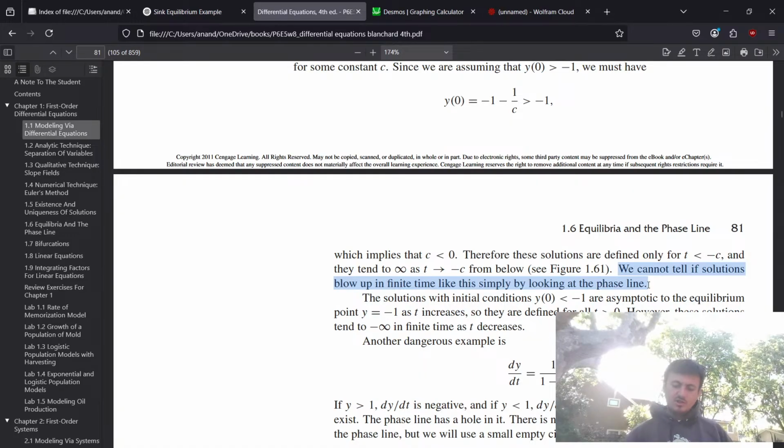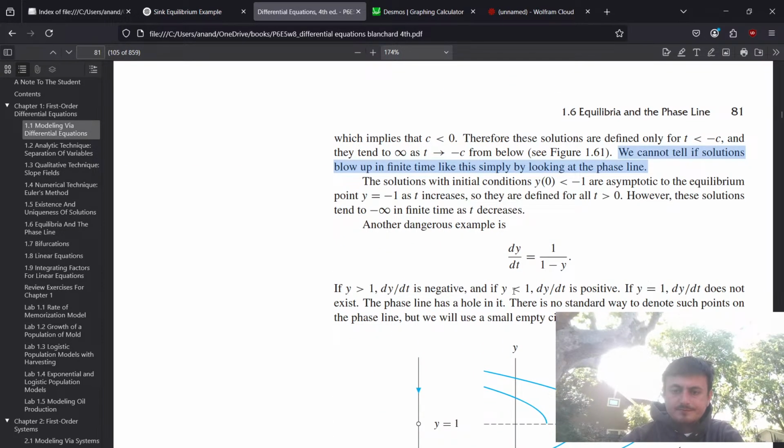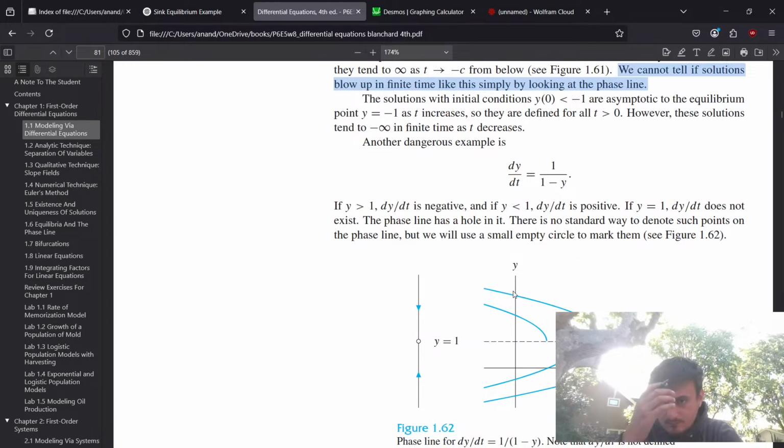These finite time blowups bother the hell out of me, man. The solutions just end.